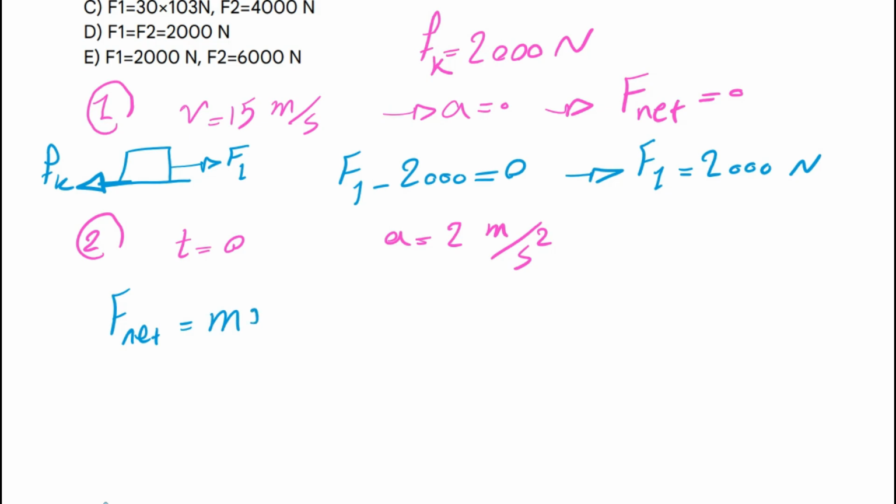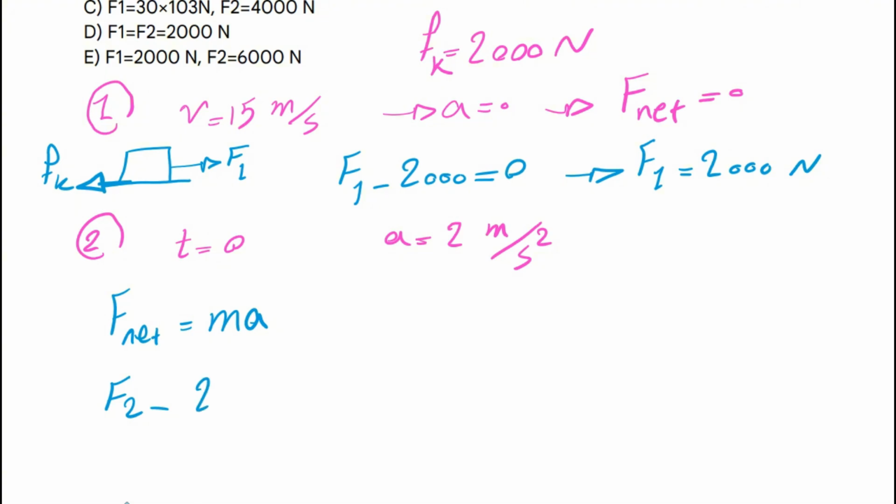Now for the second segment, accelerating, net force equals ma. The engine force is F2 and friction is still 2000, backward.